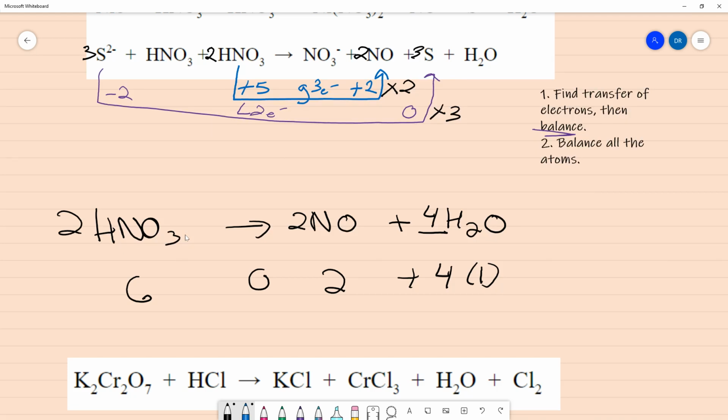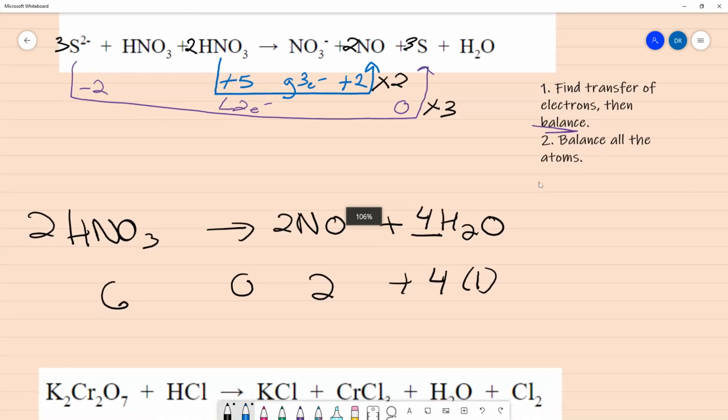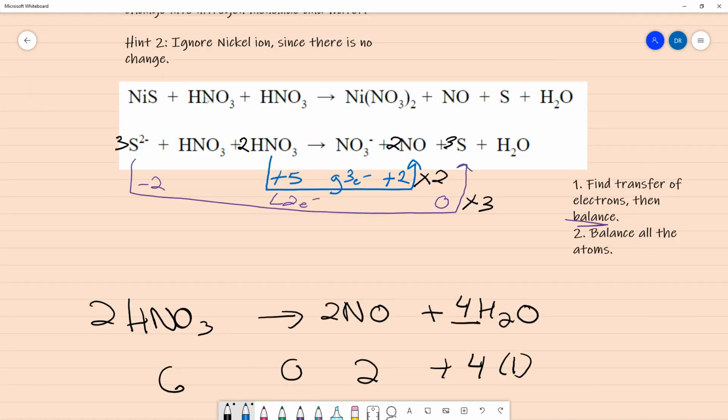So the hard part is I already got 2, so I need some more H pluses. Well, that's going to come from this here, right? Because if you look at the original equation, the H is here, but that NO3 is going to the NO3. So what we're going to do is we're going to say, okay, I need 4 times 2, I need 8 hydrogens.